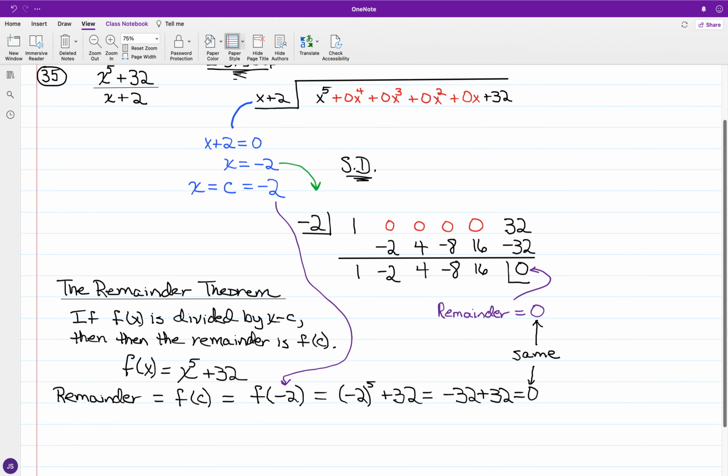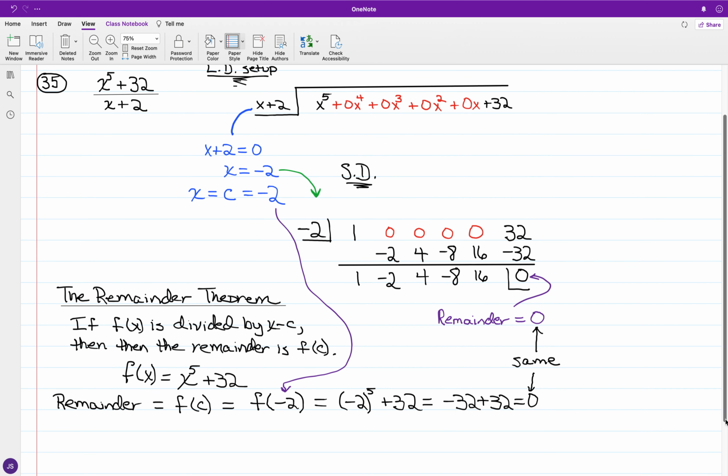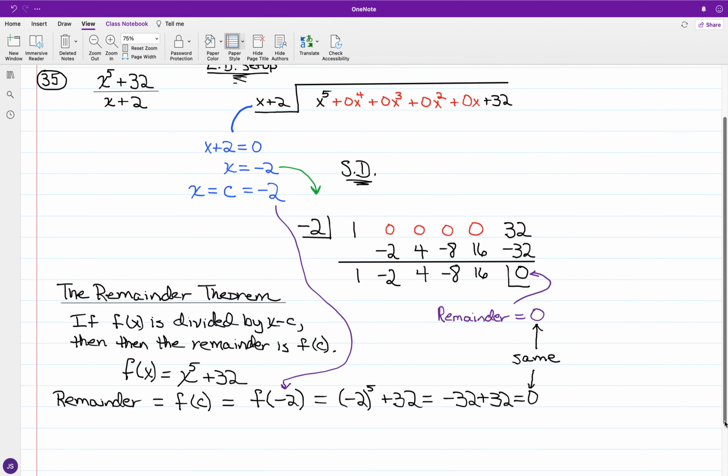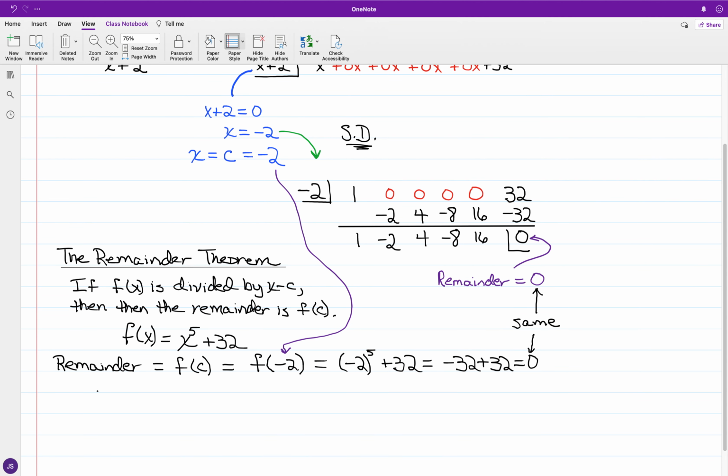All right, and also looking at what we have concerning the use of the remainder theorem, for 36, now we're going to have a bit of history repeat in the dividend that we have in this problem, like what we have for number 35 with x to the 5th plus 32.